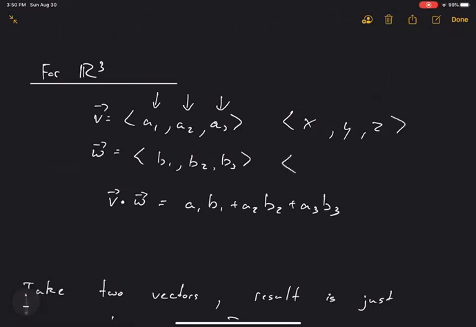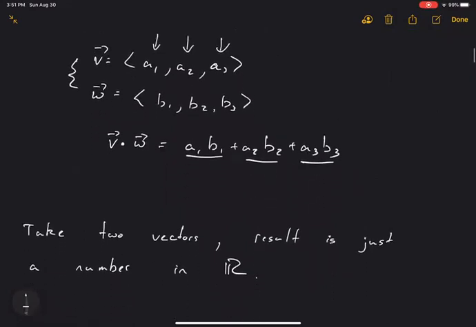And then this other vector, instead of x, y, z, we could have called it x2, y2, z2, something like that. I'll use this type of notation a lot because it's a lot easier for me. All right, so what would the dot product of these two vectors look like? I would have a1 times b1 plus a2 times b2 plus a3 times b3.